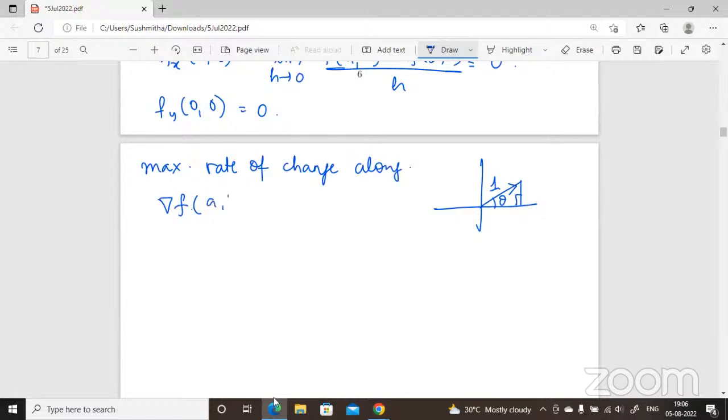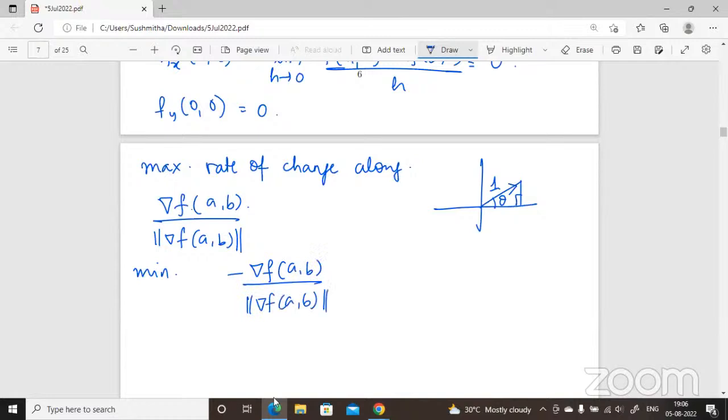If we treat it as a direction, we want it to be a unit vector. The maximum rate of change is along the direction of the gradient, and the minimum is along the opposite direction, the negative of this. You calculate the gradient and find the unit vector along it. That will be the direction of maximum rate of change.